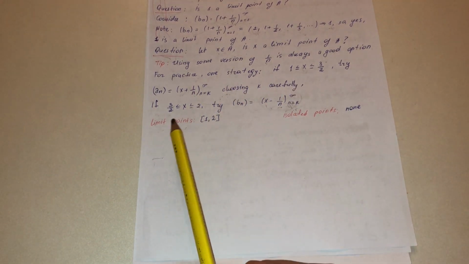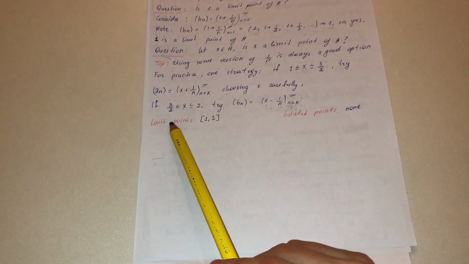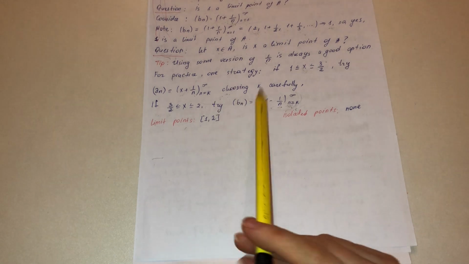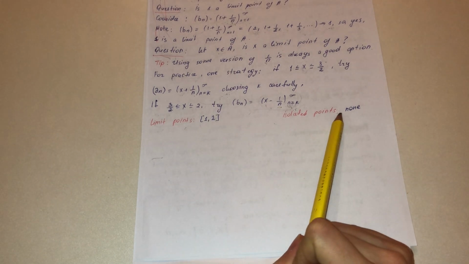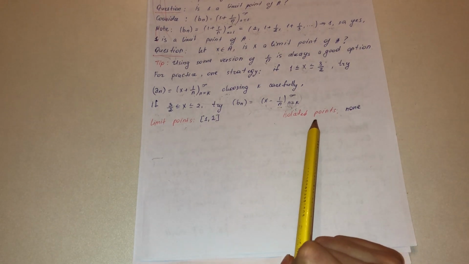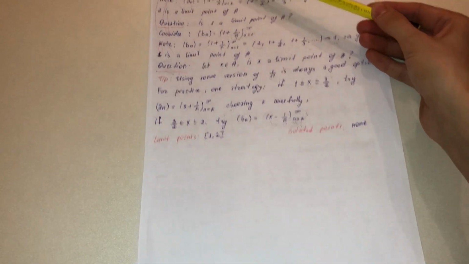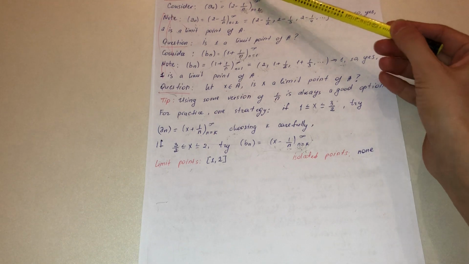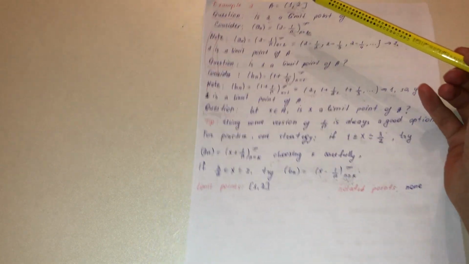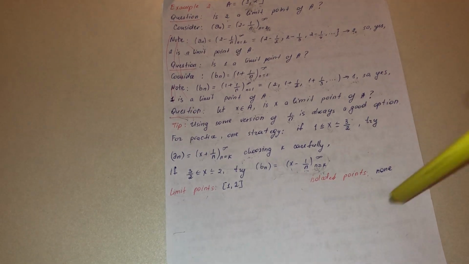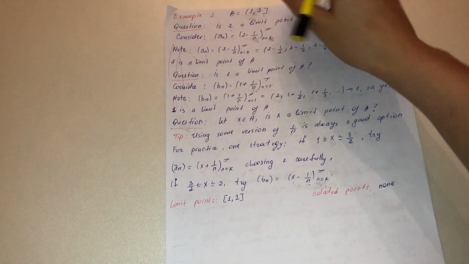So here the limit points are 1 and 2, but the isolated points are none. Why? Because any point from A can be a limit point.